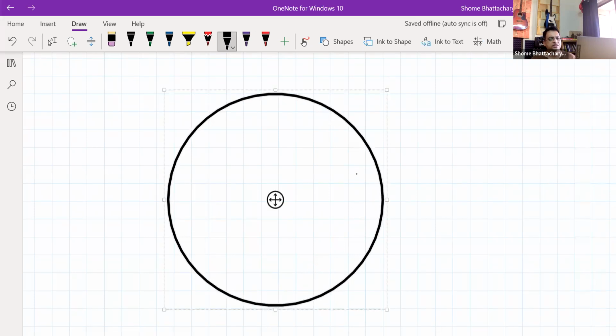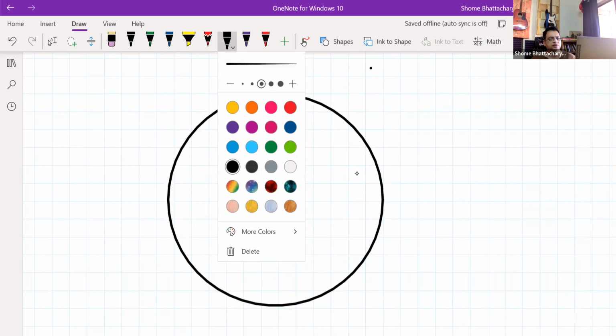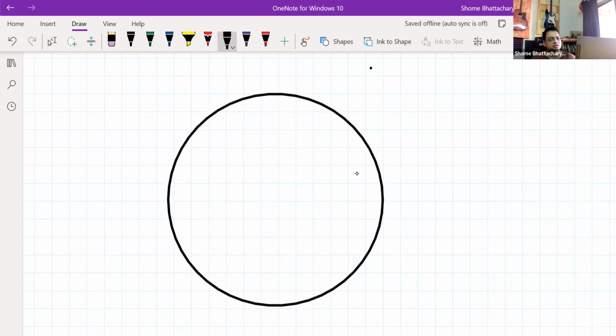So again, this is a fixed ring which is in the vertical plane. Imagine somehow we have attached a metallic ring like this to a vertical plane, but such that it's continuous. There's no break at any point.